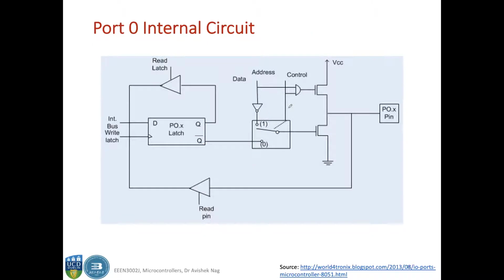So now let's look into the port 0 internal circuit. Port 0 is a little bit different. Already you can notice that instead of the pull-up resistor, you have another transistor here.